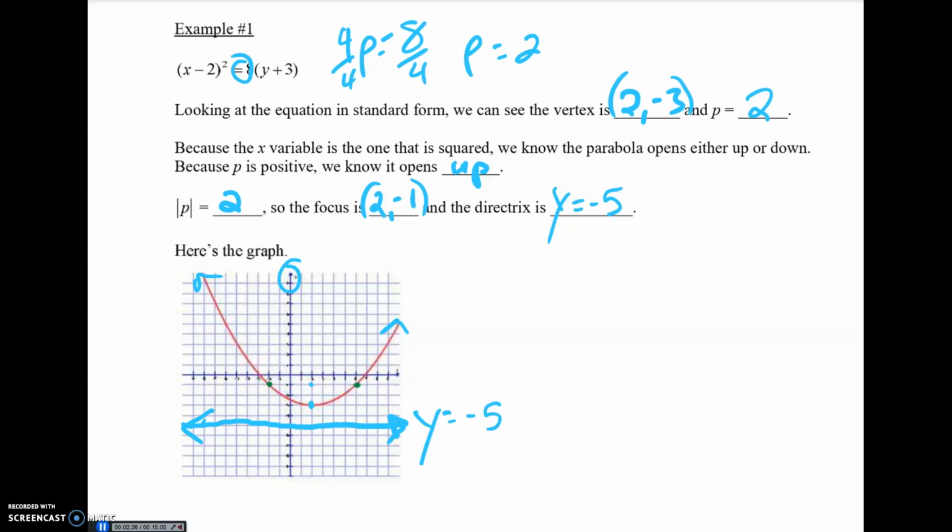Well, the distance between the focus and the directrix is 4. So I go from the focus 4 this way and 4 that way. That makes these 2 points 4 units away from the focus and 4 units away from the directrix. By definition, those have to be on our parabola. So sometimes we use those to make sure our parabola looks right, that we don't accidentally graph something that's way out of whack.